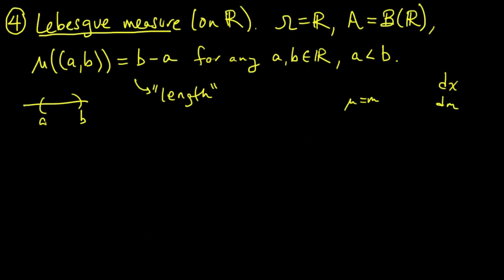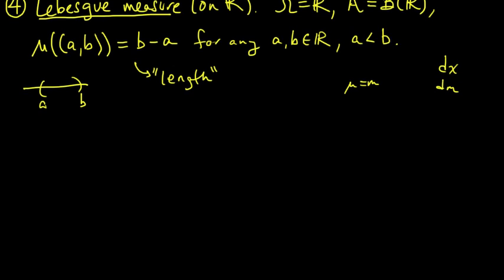So let me now give you some properties of measures. Let's make some more space. All right, so here comes a theorem. I think this is our first theorem: basic properties of measures.